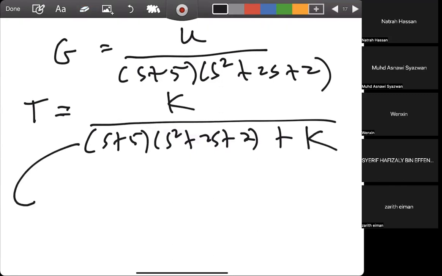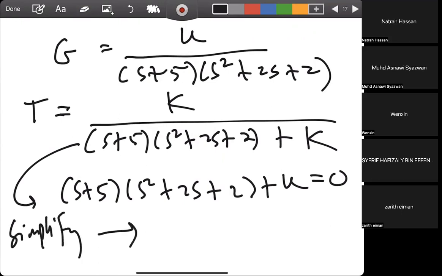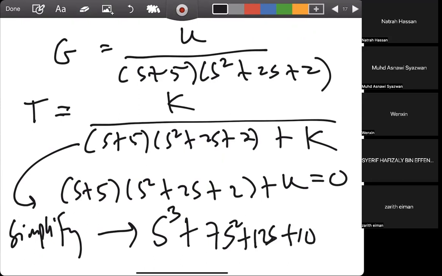So this is the characteristic equation: (S plus 5)(S squared plus 2S plus 2) plus K equal to 0. Simplify: S cubed plus 7S squared plus 12S plus 10 plus K equal to 0.